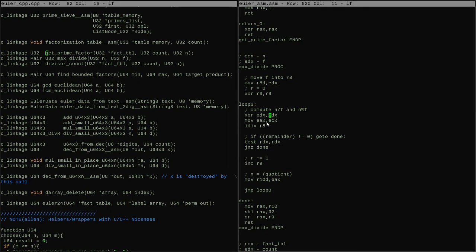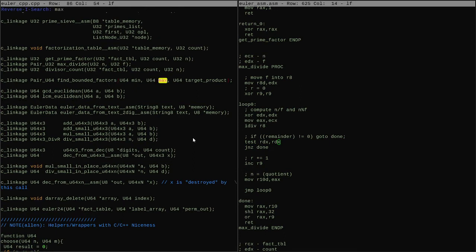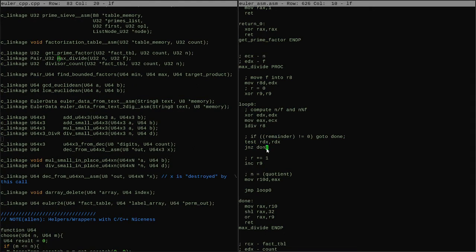And then that gives me the numerator. 64-bit divide. Yeah. 64-bit divide might not even be necessary. I could probably get away with doing that.